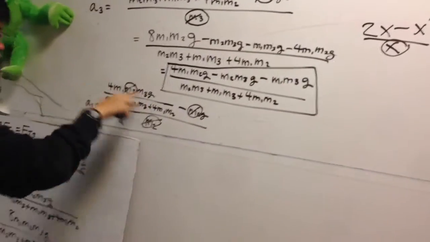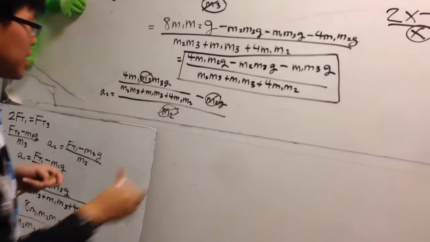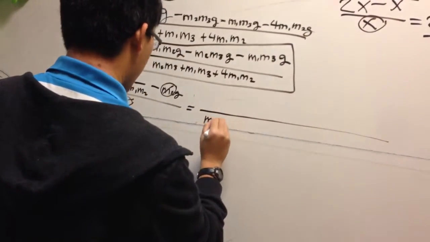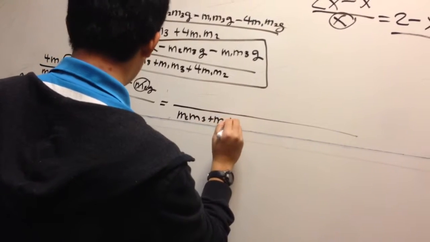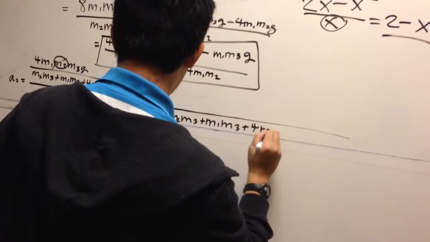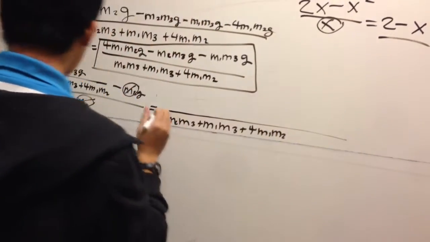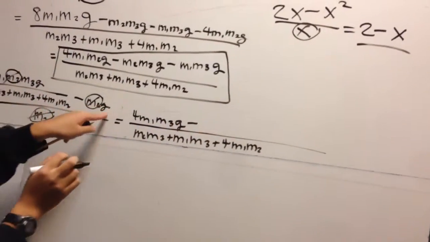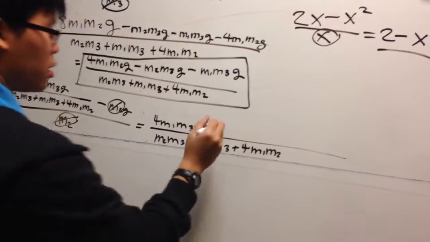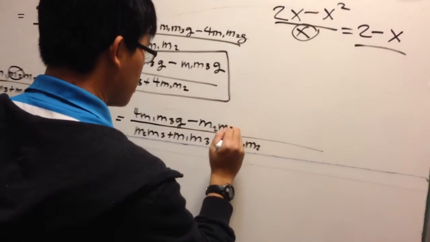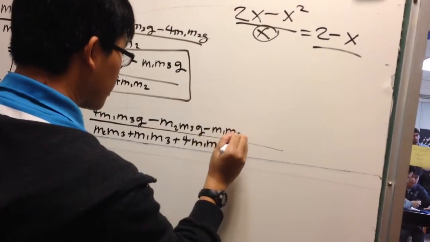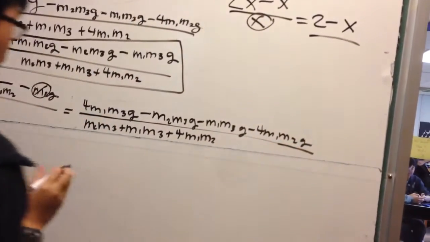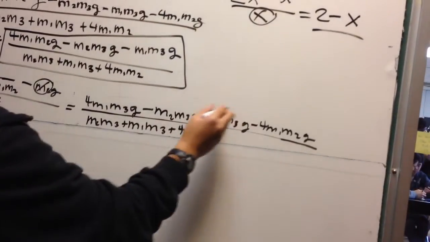And now we have this, where we have a fraction minus g, so we'll do the same trick and put a common denominator of M2 M3 plus M1 M3 plus 4 M1 M2. And now we have 4 M1 M2 M3, sorry, g, minus, and we're going to multiply negative g by everything in the denominator. So M2 M3 g minus M1 M3 g minus 4 M1 M2 g. And these two terms are the same.